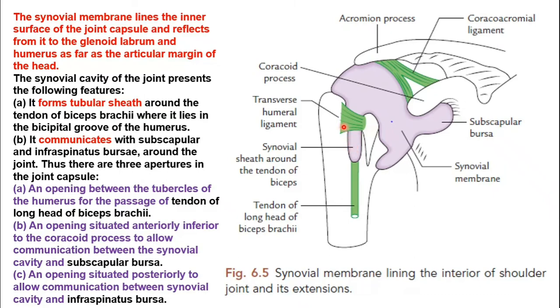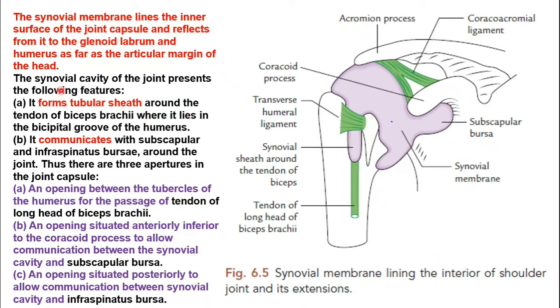And this is a ligament which bridges this intertubercular sulcus into a groove. ये lesser tubercle है, this is the greater tubercle. तो these synovial sheath or synovial membrane modifications are called the bursas.